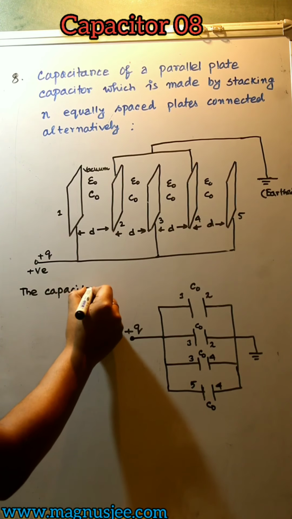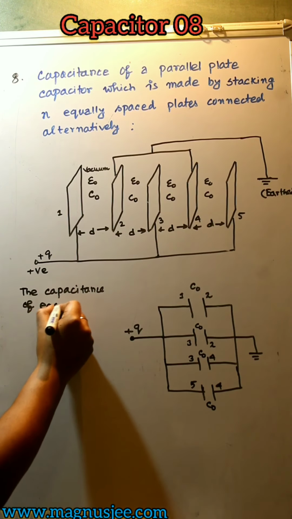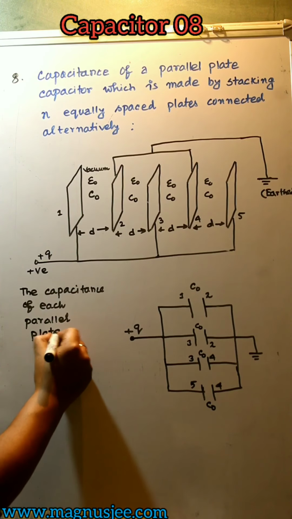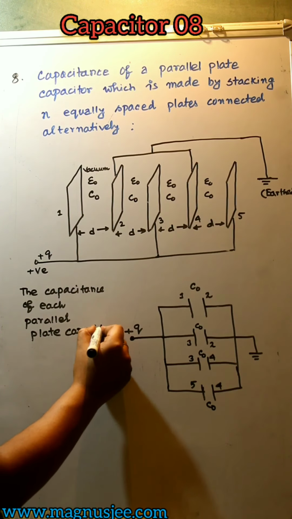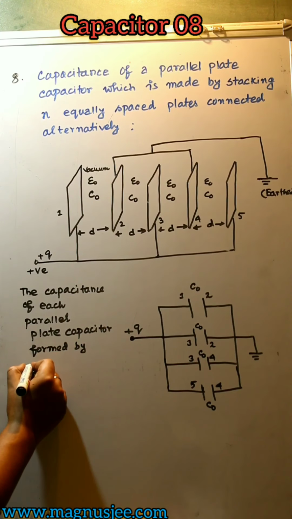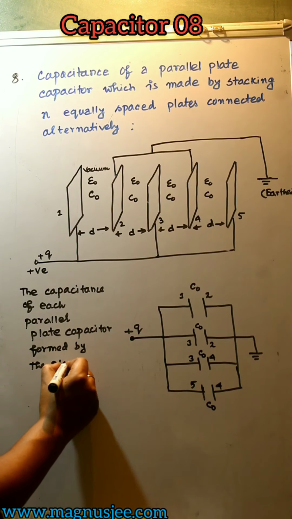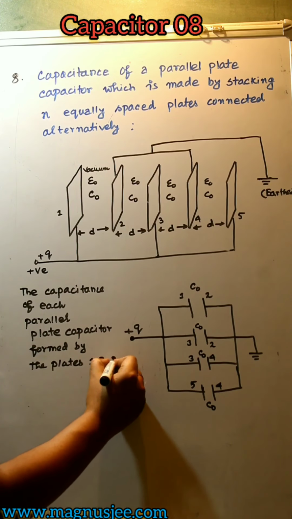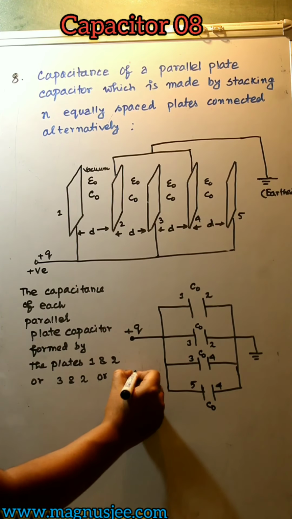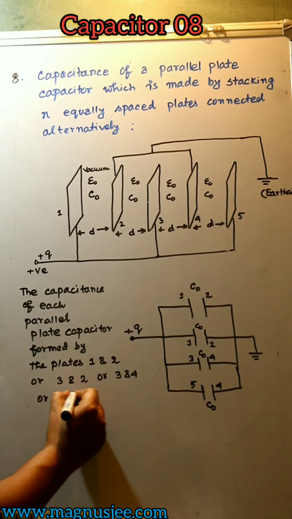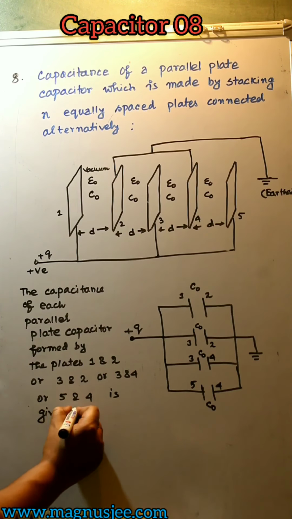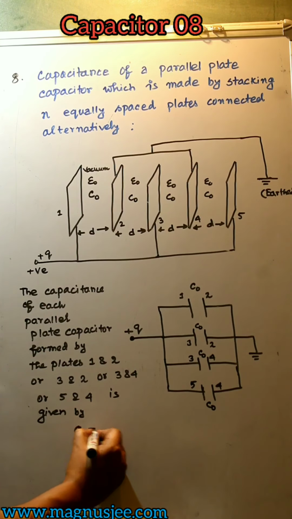The capacitance of each parallel plate capacitor formed by the plates 1 and 2 or 3 and 2 (first we write 3, then 2, because 3 has positive potential and 2 is connected to earth), or the third and fourth plate or the fifth and fourth plate, is given by C0.